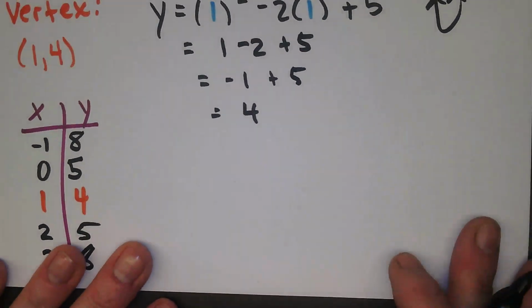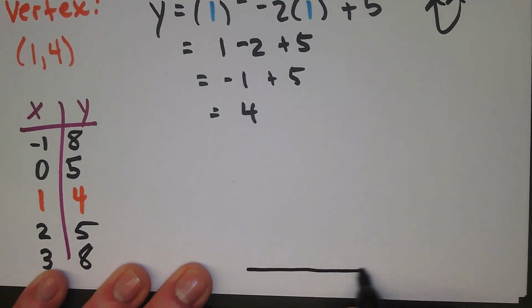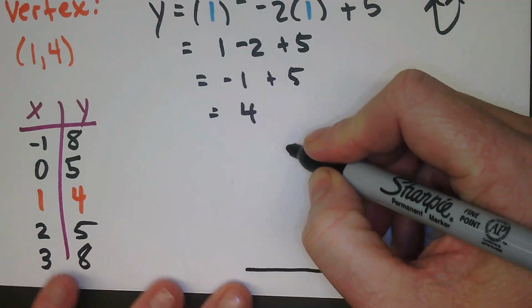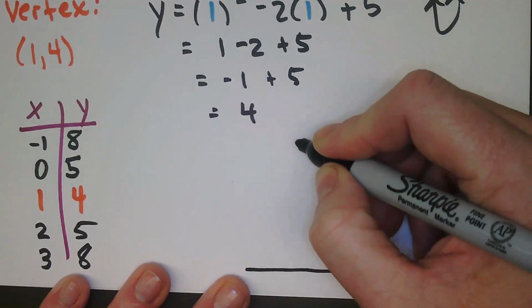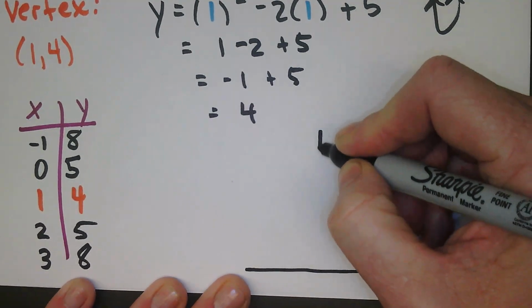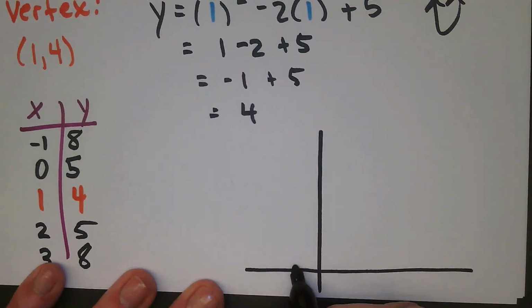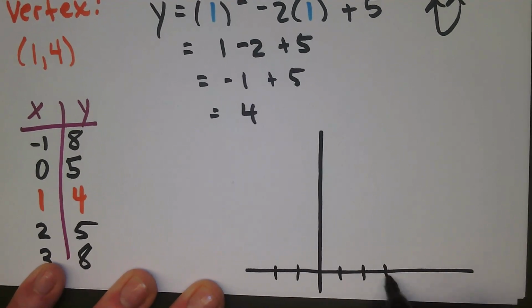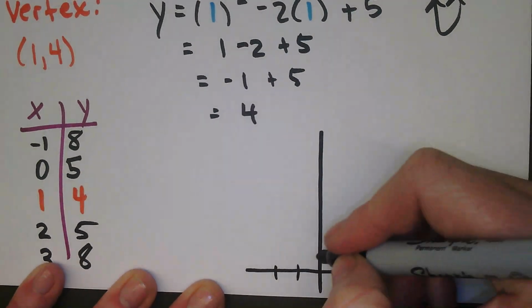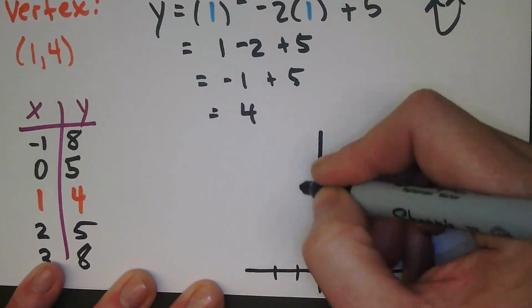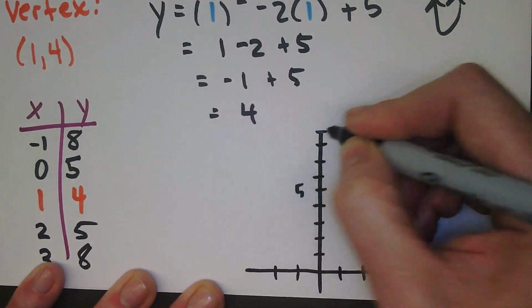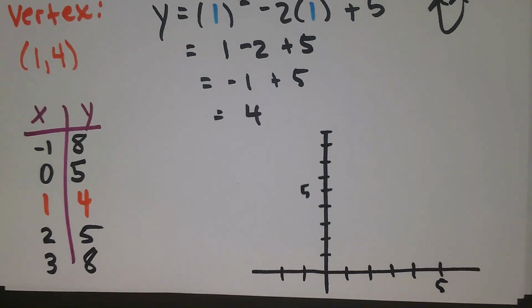So really for graphing, let's see. I did go to -1 on x. I just want to make sure I'm giving myself enough room. 6, 7, 8, 9. Okay, that should fit everything I have here.